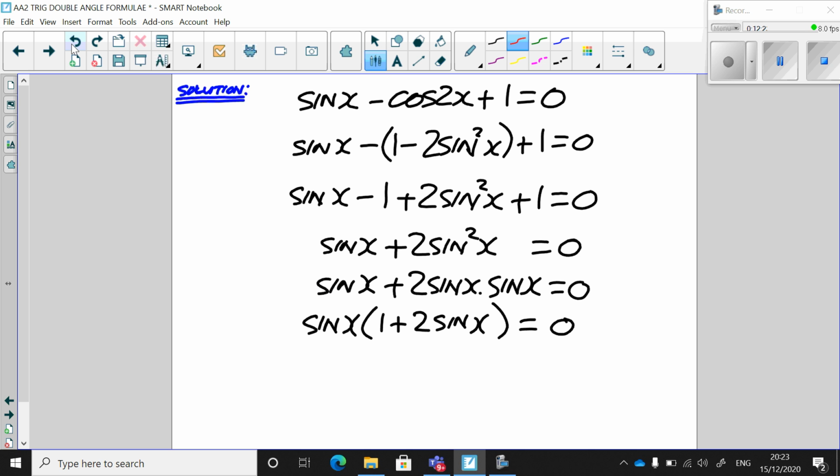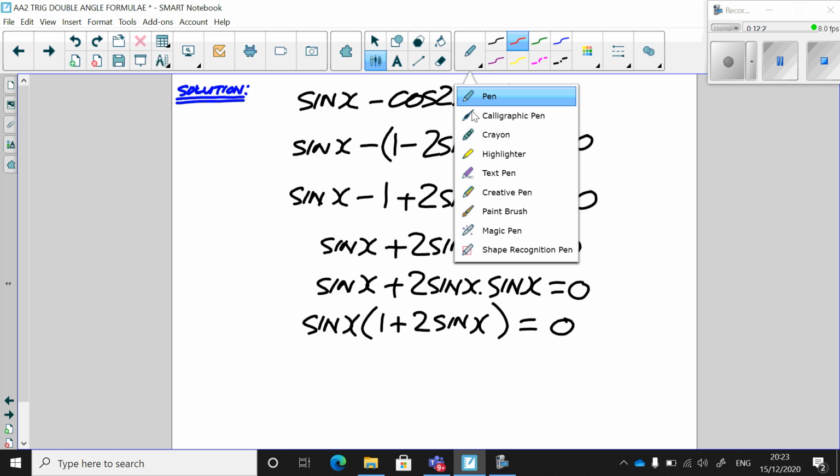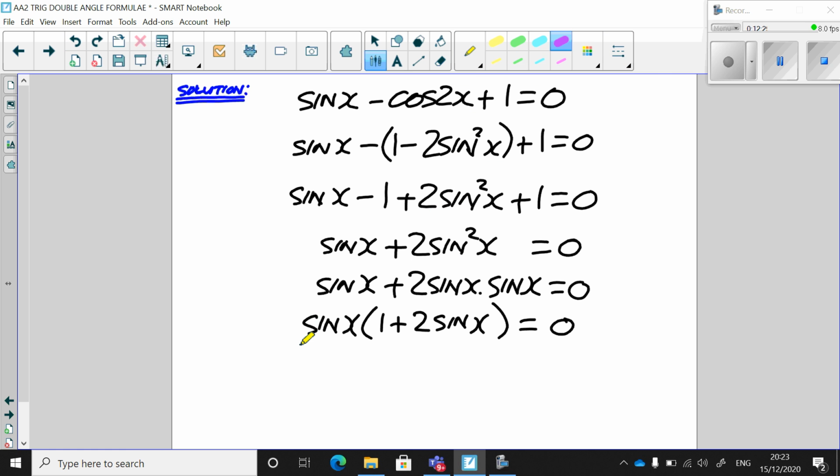So you get something times something equals 0. So that times that is equal to 0. The only way that's possible mathematically is if they're separately equal to 0.